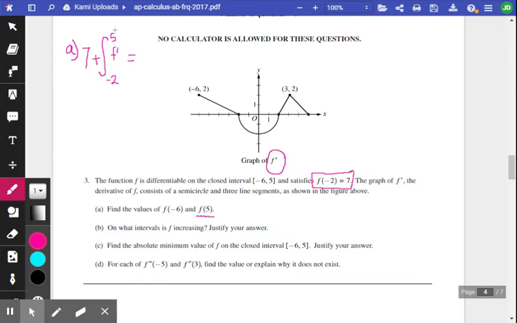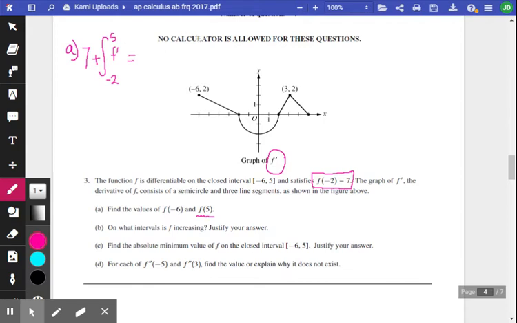That'll tell me how much f changed from -2 to 5. I'm going to take that amount and add it on to 7, because 7 is where I start. I start with a y value of 7. This will tell me how much my y value changed, and then I'm going to add that on. So anyway, I hope that makes some sense. I'll go over it again with f of -6.